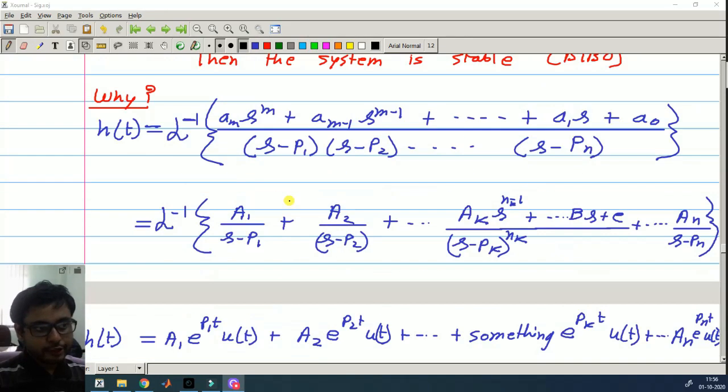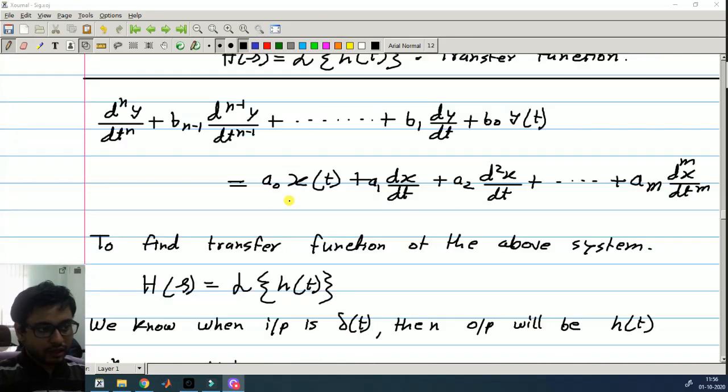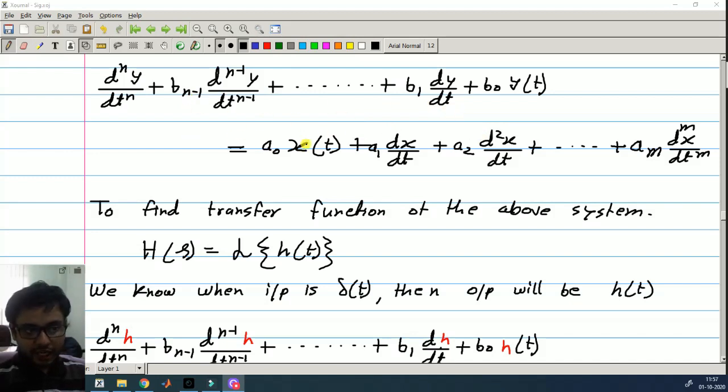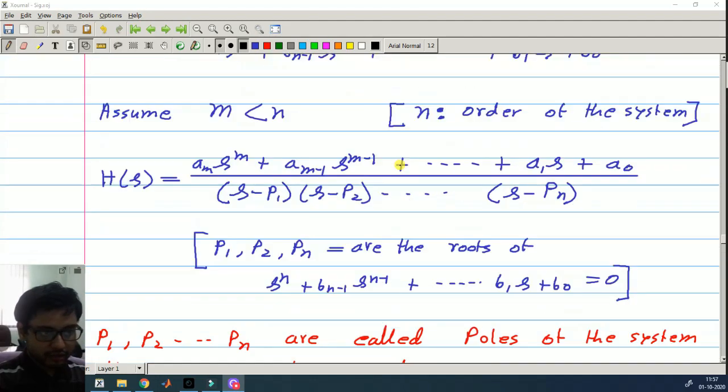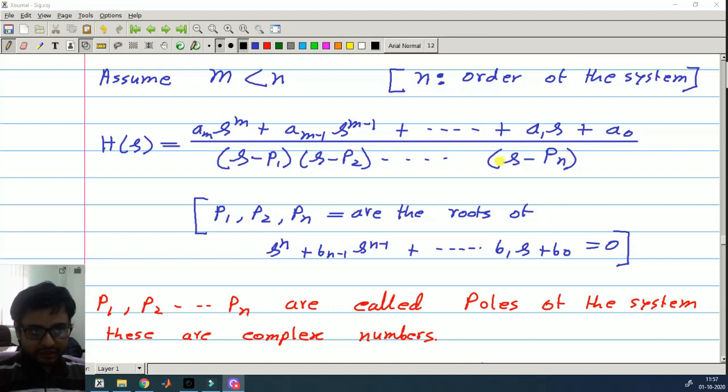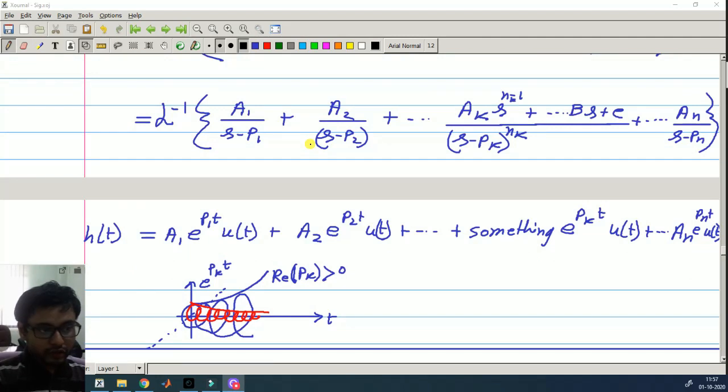For example, if we are considering a system described by a linear ODE with constant coefficients like this, for which the transfer function will look like this, and if the poles, that is the roots of this denominator polynomial, are such that their real parts are negative, then we know the impulse response will be of this form, and since these real parts are negative, they will all decay down to 0 with time.